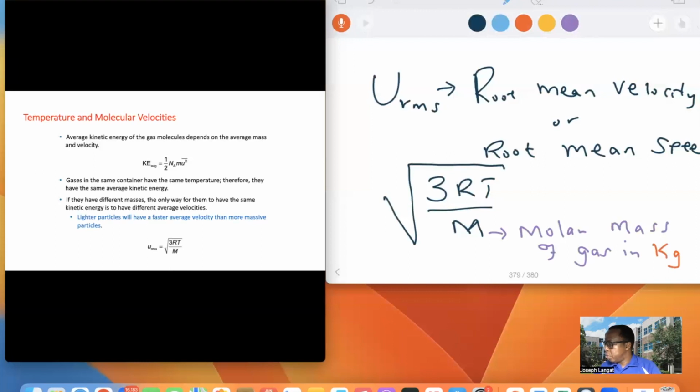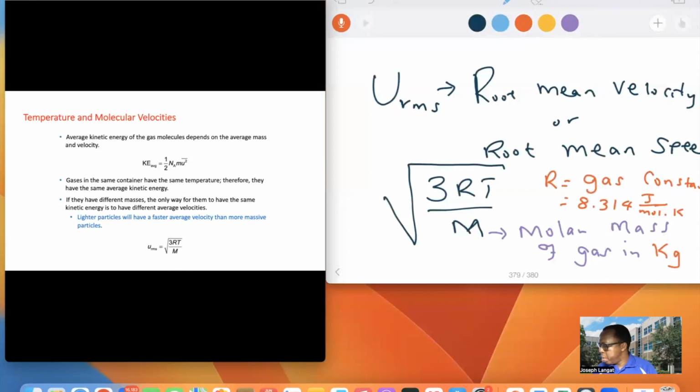R is the universal gas constant. And remember, there are three values. It's not the same as the R we know. It's just 8.314 joules per mole per Kelvin. This is the unit of R. It's not the R I used before.